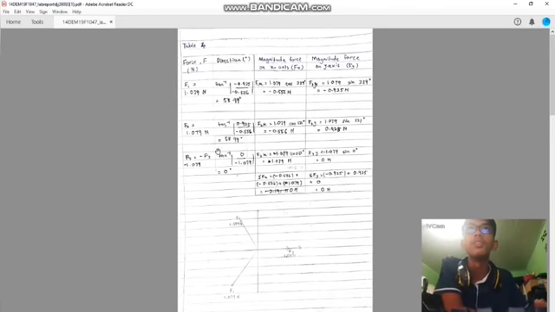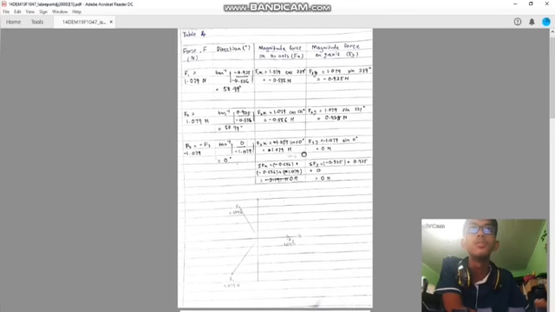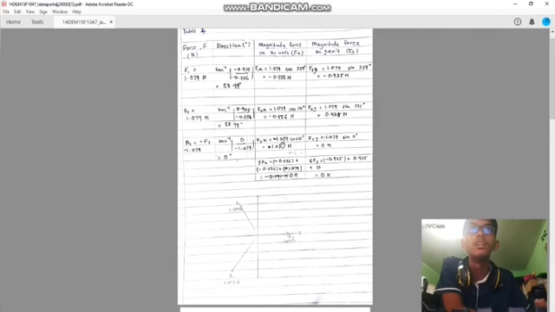For resultant force, F3 equal 1.079 cos 0 degree equal 1.079 Newton. And for F5 is 1.079 sin 0 degree equal 0 Newton.